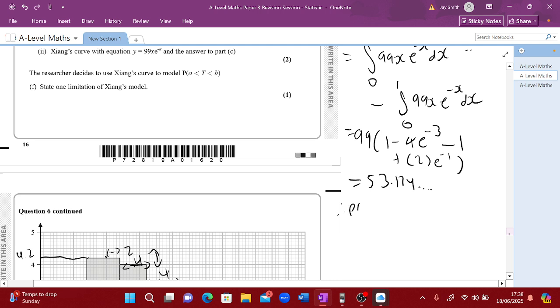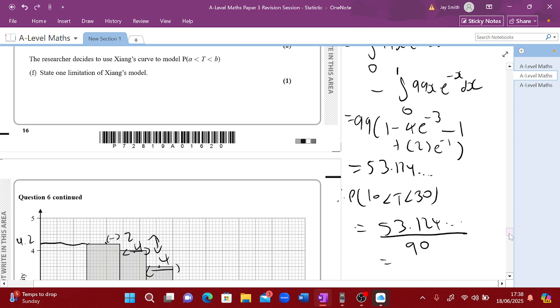So therefore, the probability between 10 and 30 is going to be this 53.124 out of the total 90. And so that would be 0.5903.